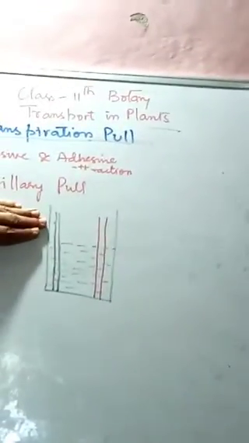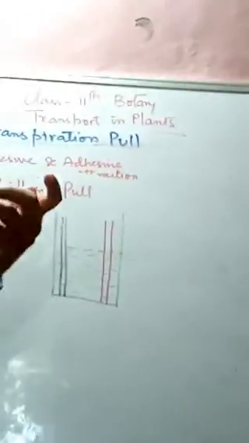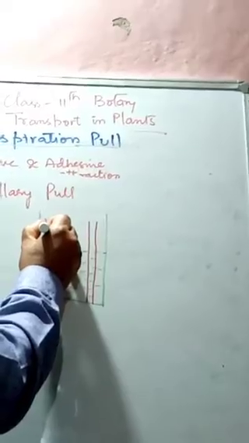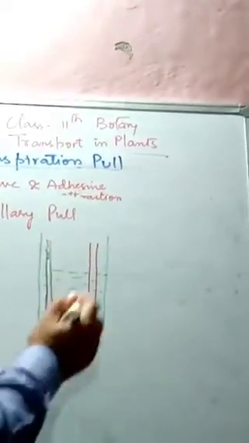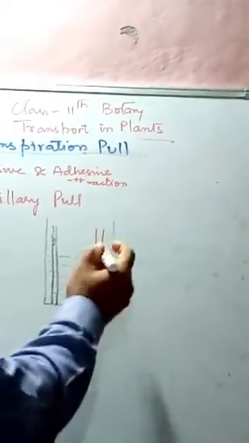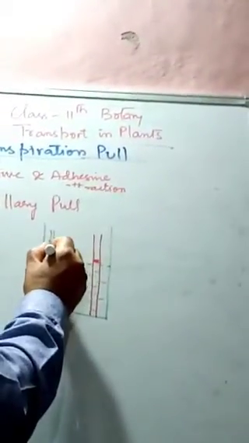What we will see is that the water will move up in both the straws. But what we can physically see is that in the thin straw, the water will rise higher. As compared to that, in the thick one, the water level will be somewhat lower.